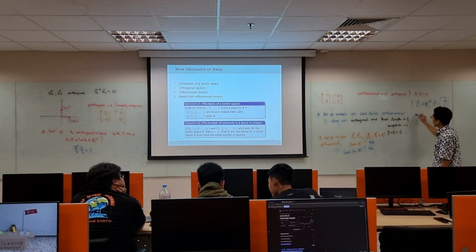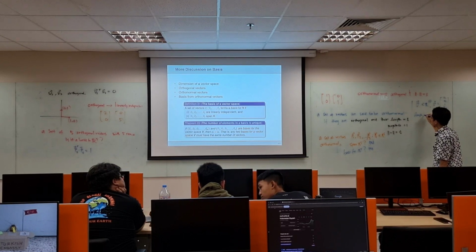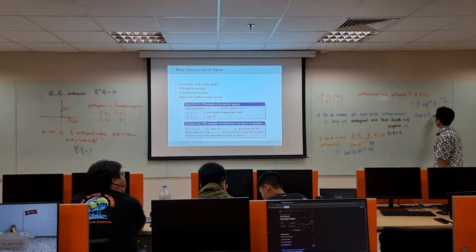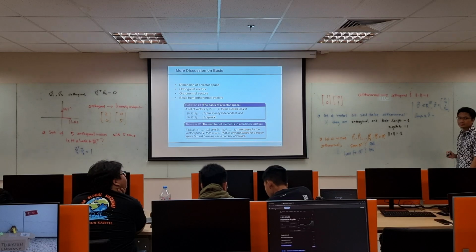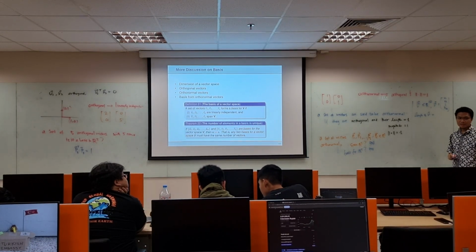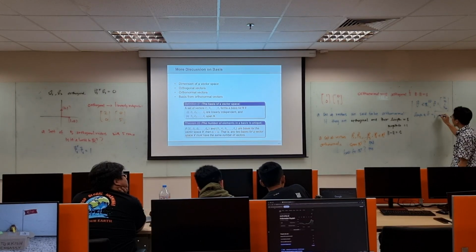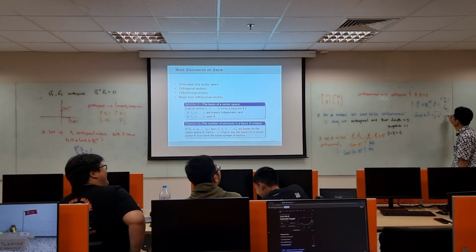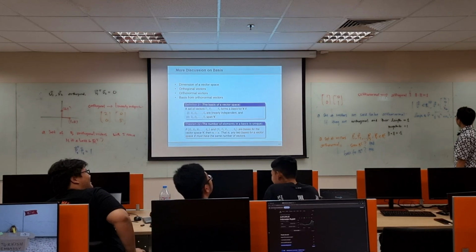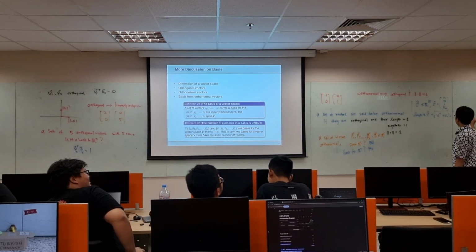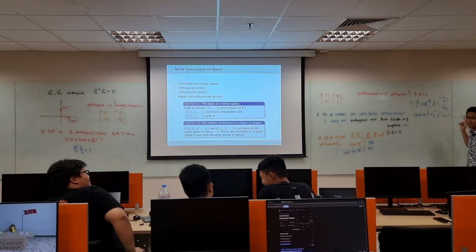What is the length of v? Based on what Radit said, we do v1 squared plus v2 squared up to v10 squared, and then we take the square root.